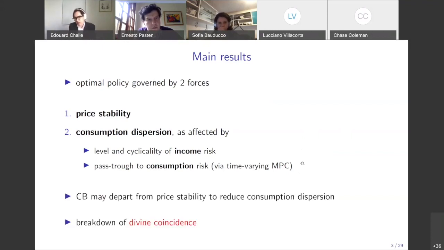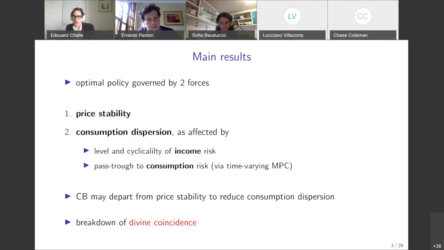The main result, and I'm going to show you how, is that these two objectives may conflict. In that case, the central bank may want to depart from strict price stability or zero inflation to reduce consumption dispersion, perhaps because fully stabilizing prices would involve too much consumption dispersion.